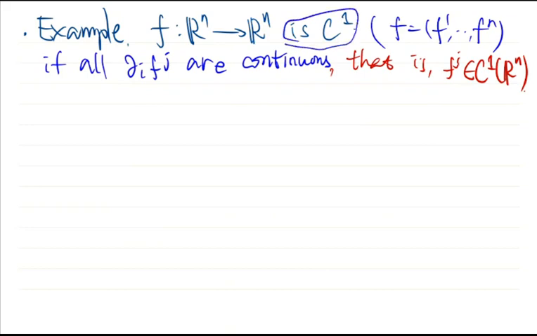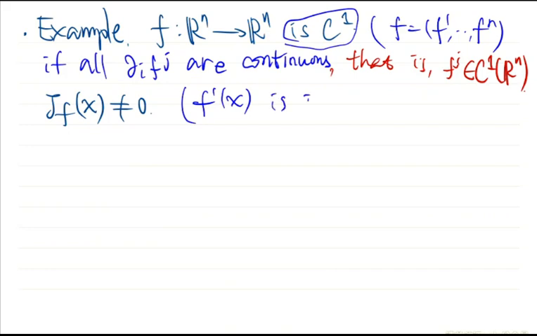So if F is C1 and the Jacobian of F at every point is not zero, what does this mean? This means that the Jacobian matrix of F at every point is invertible.